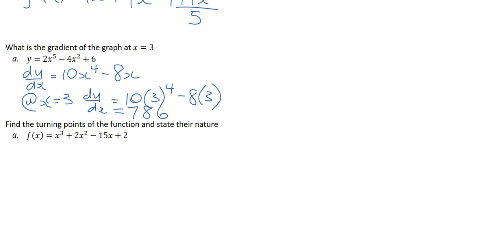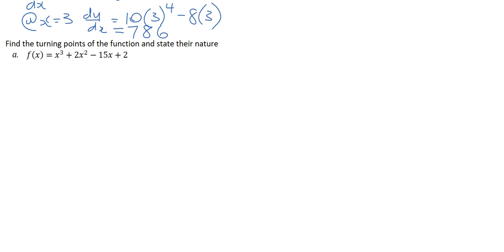Cool. The last one, again, just final recap of year 12. Find the turning points of that function and state their nature. So what I do, differentiate f(x), so f dash x is 3x squared plus 4x minus 15. Then what do I do? Why do I factorise it?